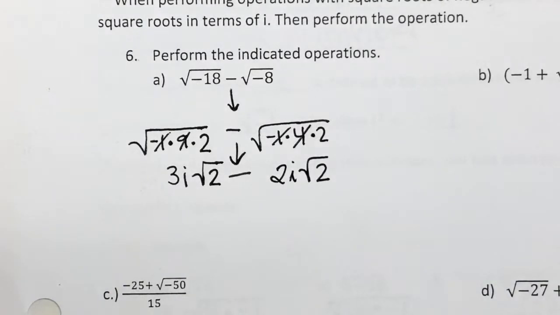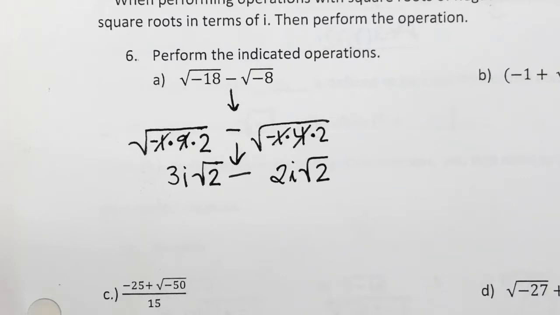Now, can I subtract these? Alright, they have to have certain things in order for me to subtract them. What's one of them? Same variable, so they have that. They both have an i. What else? Same exponent. Same thing underneath the radical, right? Actually, three things. And you have to have the same root.